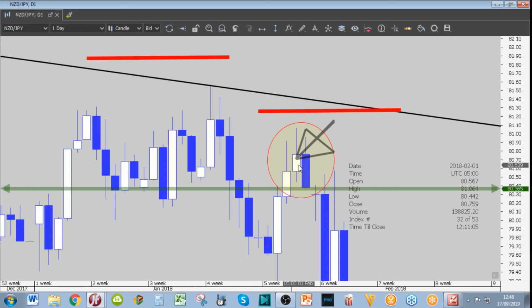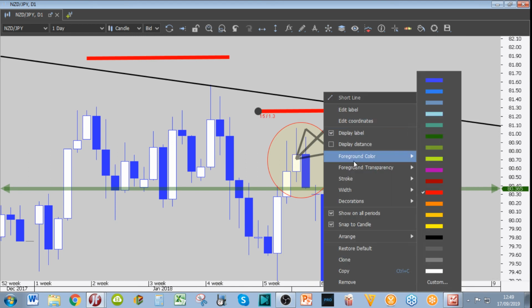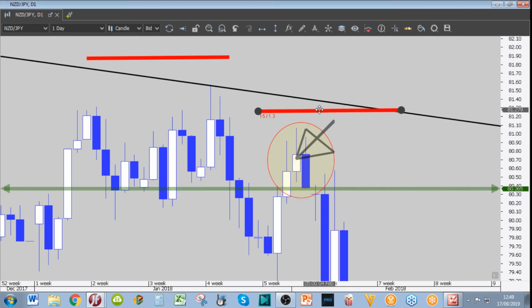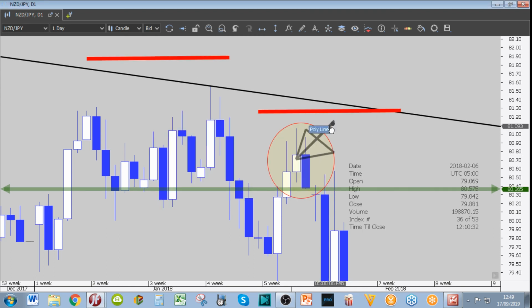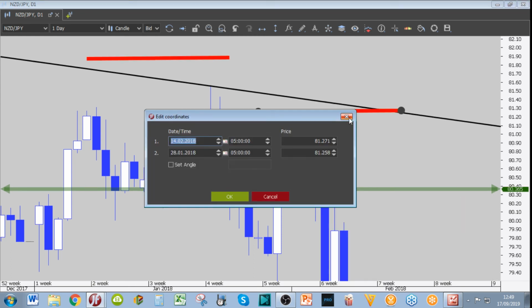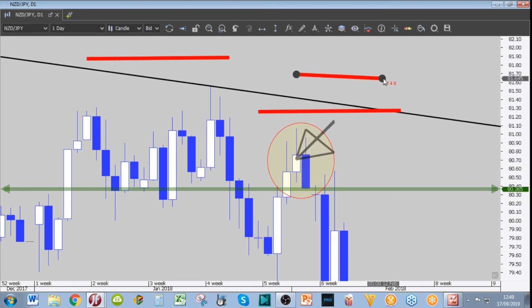81.064. Okay, so your stop loss is going to be at 81 plus 150 pipettes. Okay, so the stop loss is going to be at 81.214, right? Let's do it differently.